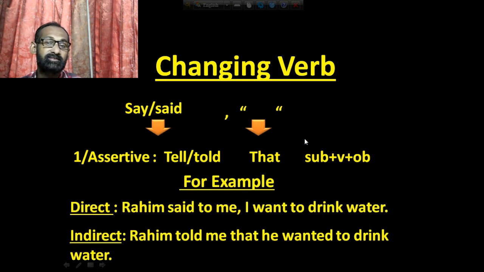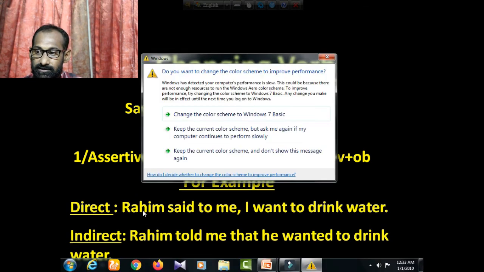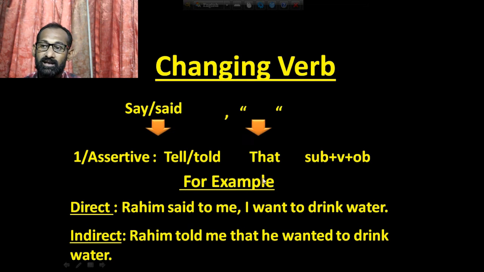Okay, for example, here is Rohim said to me, I want to drink water. So here is said to, that means there is an object and it is past tense. So you have to choose told. Okay, so Rohim told me that. That means I have used just that instead of inverted comma.